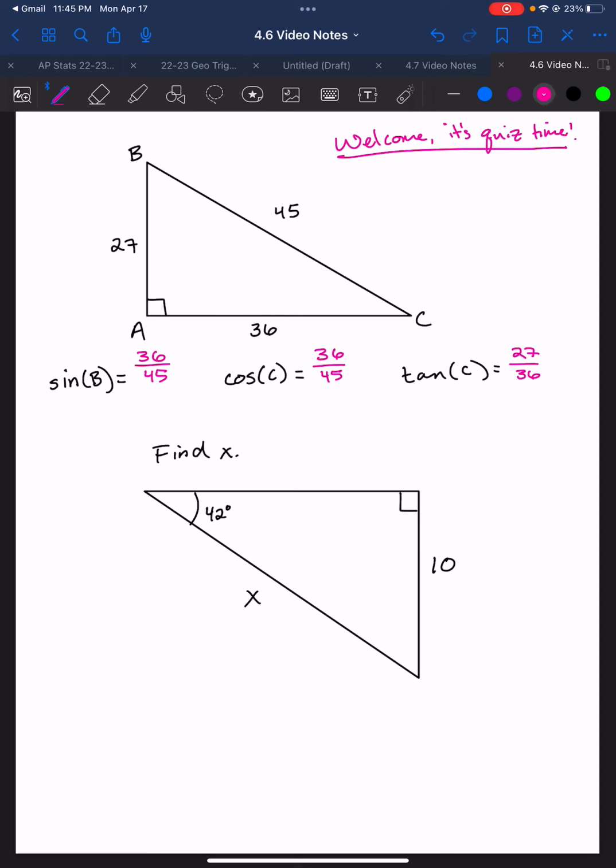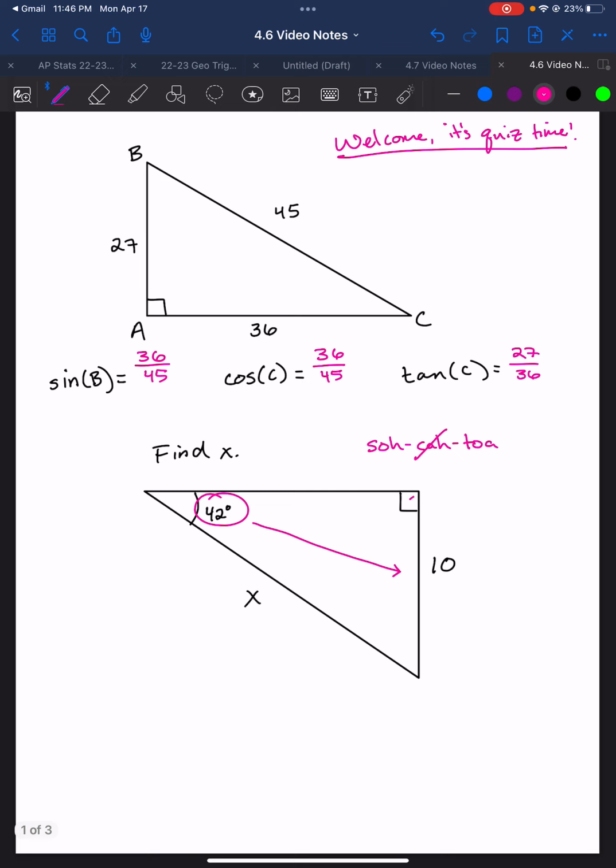All right, so let's take a look at this. The most important part to any problem like this is correctly identifying which ratio am I using. So we've got our SOHCAHTOA. So let's see what I've got. I'm given an angle. They give me the opposite. So automatically cosine is out.